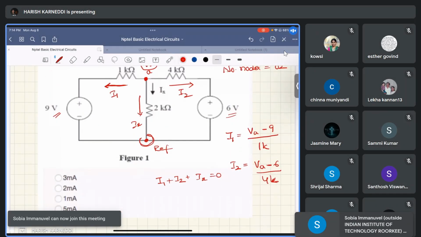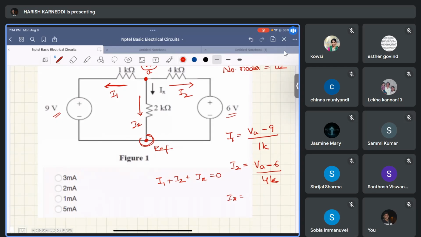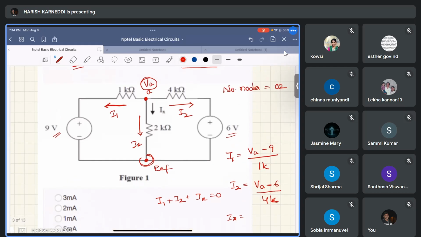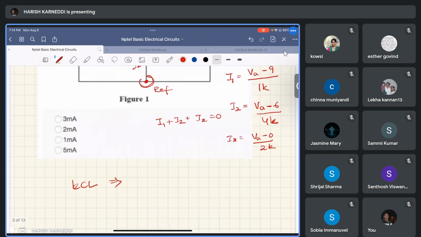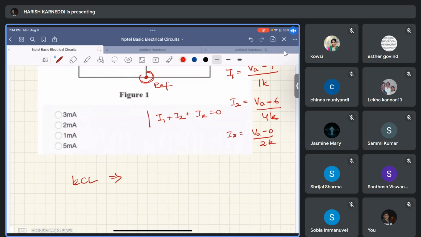And what about Ix? Ix equal to the reference node voltage is 0, right? So VA minus 0 by 2 kilo ohm. So from this equation, how can we write?